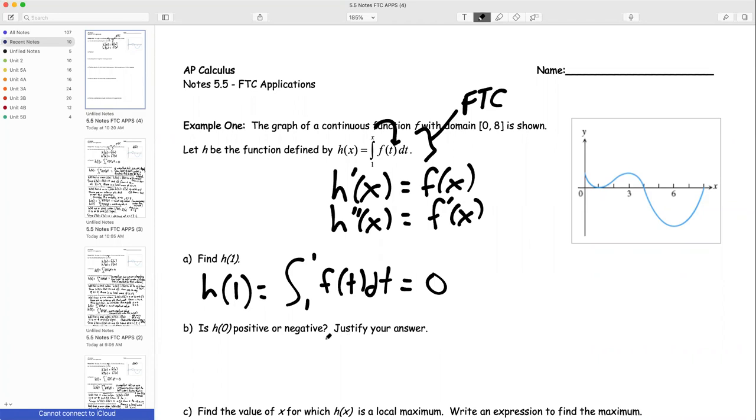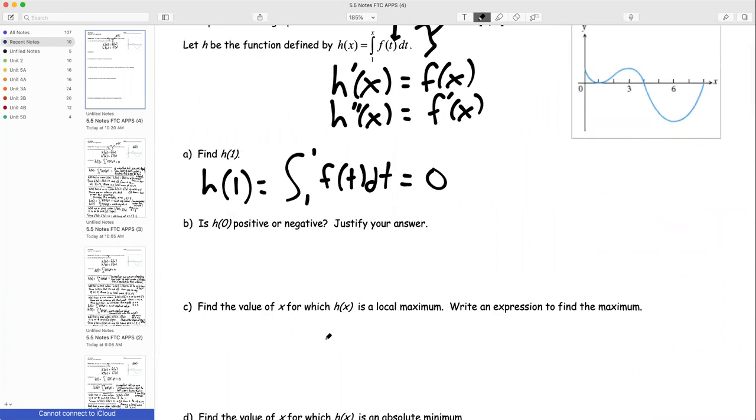Part B. Is h of 0 positive or negative? And justify your answer. Well, h of 0 is going to be the integral from 1 to 0 of f of t dt.